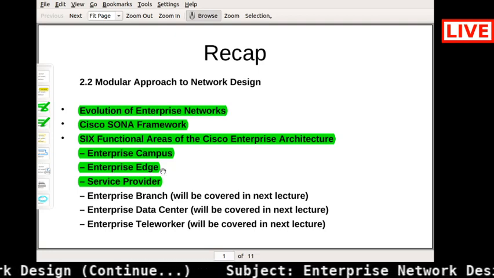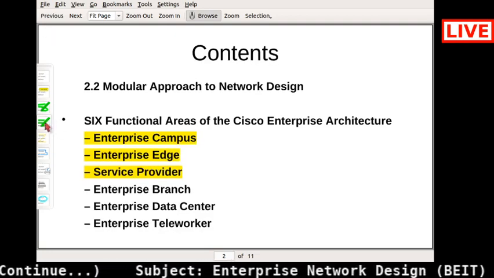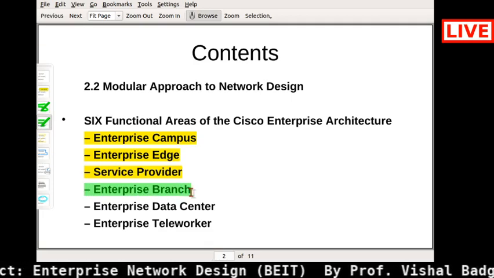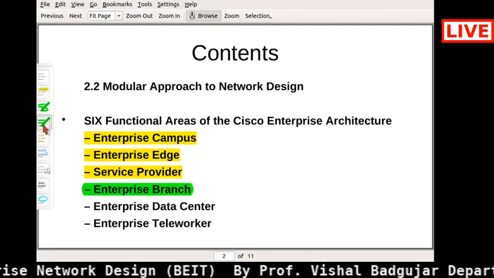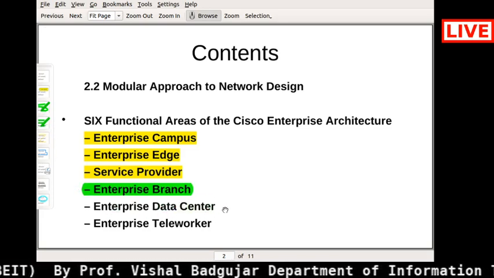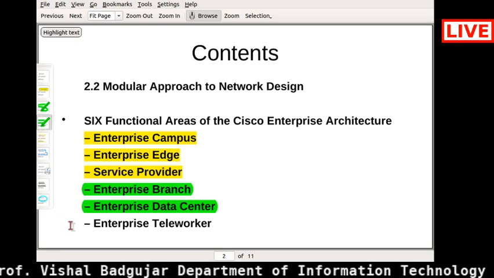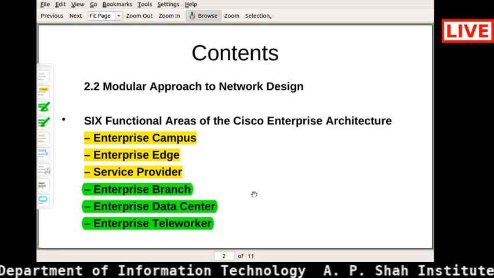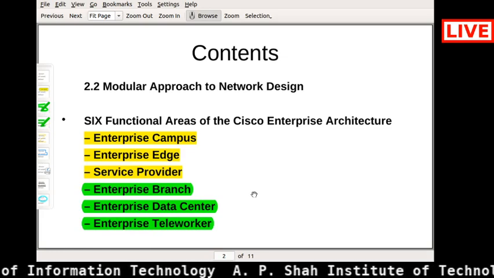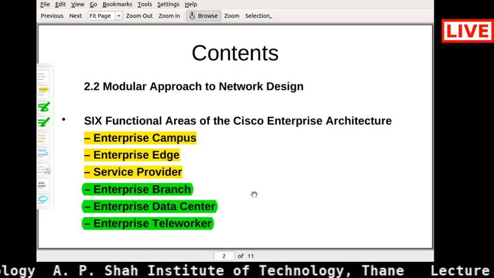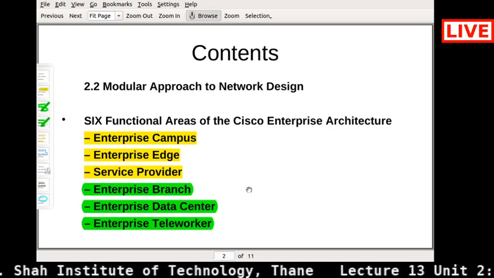So in today's lecture we will start with module 4, enterprise branch, then the enterprise data center, and the last one is the enterprise teleworker, right? What are the functions of each module in terms of Cisco enterprise architecture, that we will discuss today.